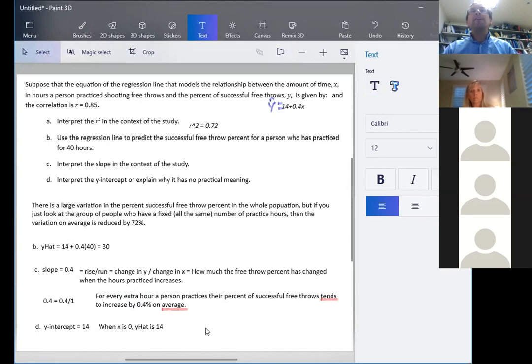One is x equals 0 may or may not make sense. Sometimes for certain problems, it doesn't make any sense to plug in 0 whatsoever. It just has no meaning. Sometimes the 14, the y hat, doesn't have any meaning. Does that make sense? So you always want to look at it. Does it make sense for x to be 0 in this case? Can that happen?